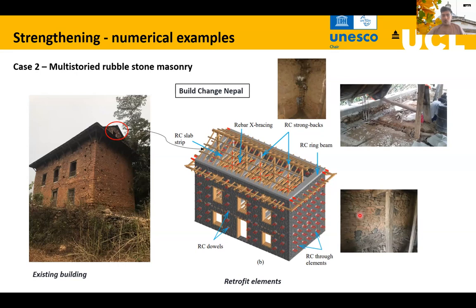As you can see, the design includes vertical strong backs, reinforced concrete columns, at the corners and at certain intervals. And there are RC ring beams installed, and RC slab strips connected to these ring beams as well as to these vertical columns.